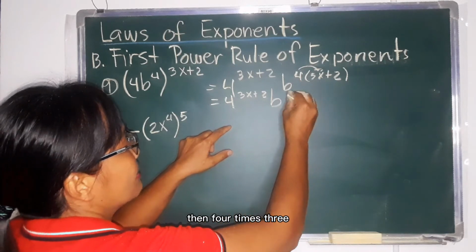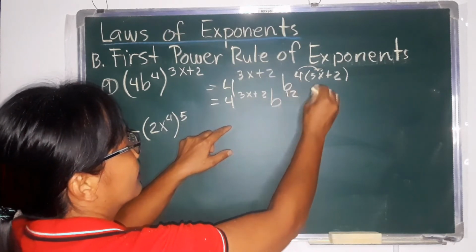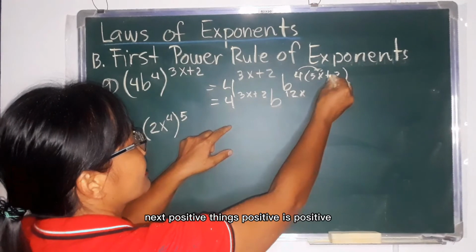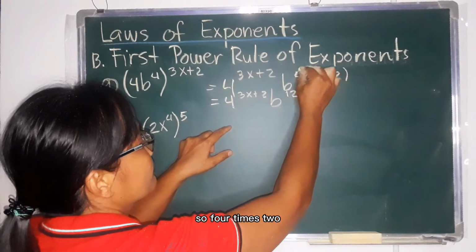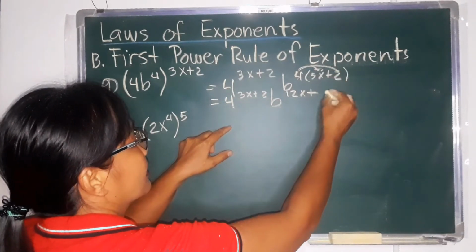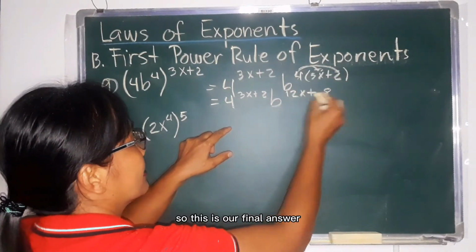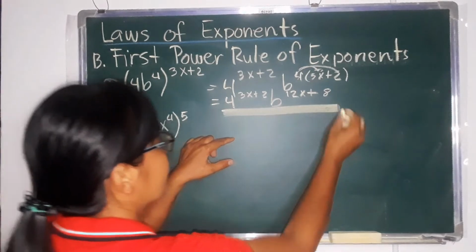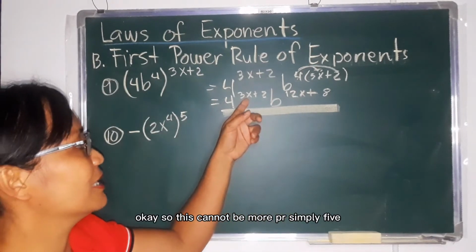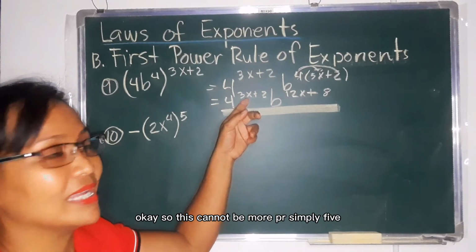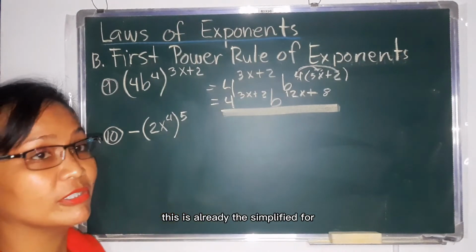Then, 4 times 3, 12x. Next, positive times positive is positive. So, 4 times 2, 8. So, this is our final answer. Okay? So, this cannot be simplified. This is already the simplified form.